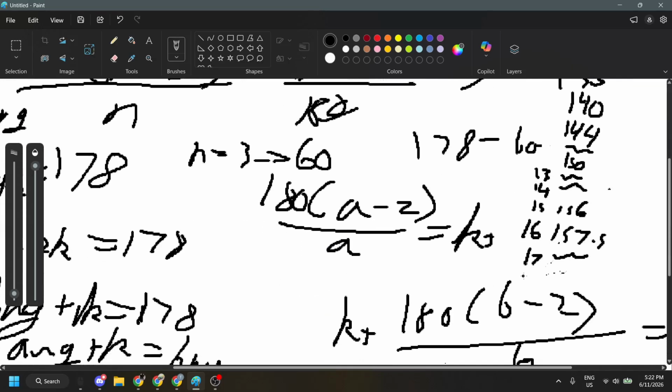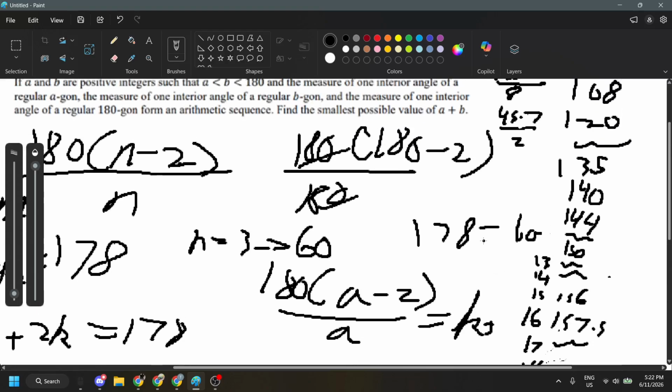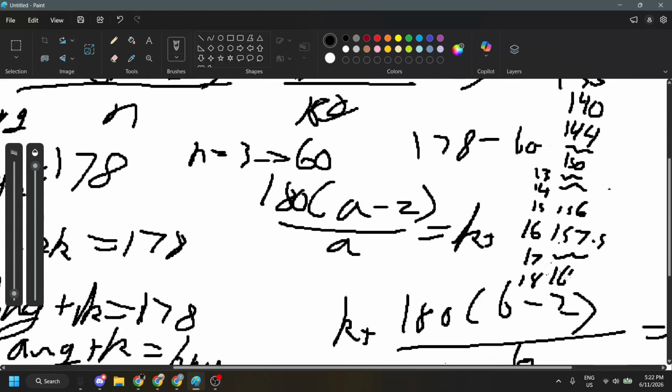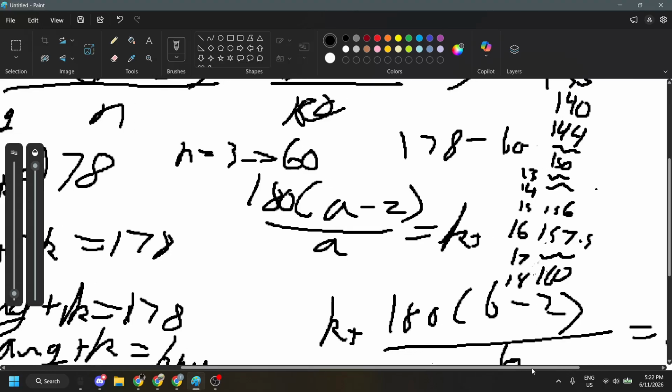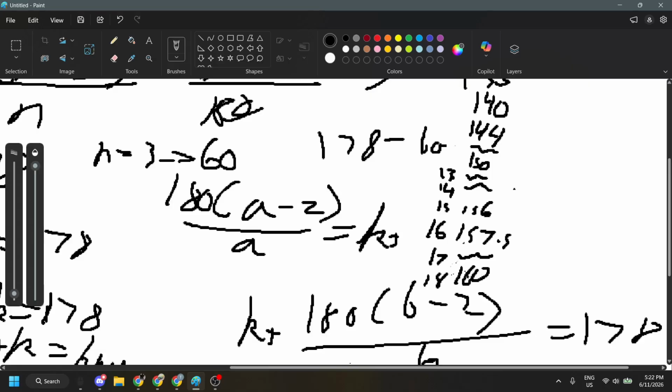17 is going to be weird. 18 is going to be nice and easy. 10 times 16 is 160. Wait, so if I increase by 1.5 here, then I increased by 3 here, the rate of change is constant. That should not be correct.